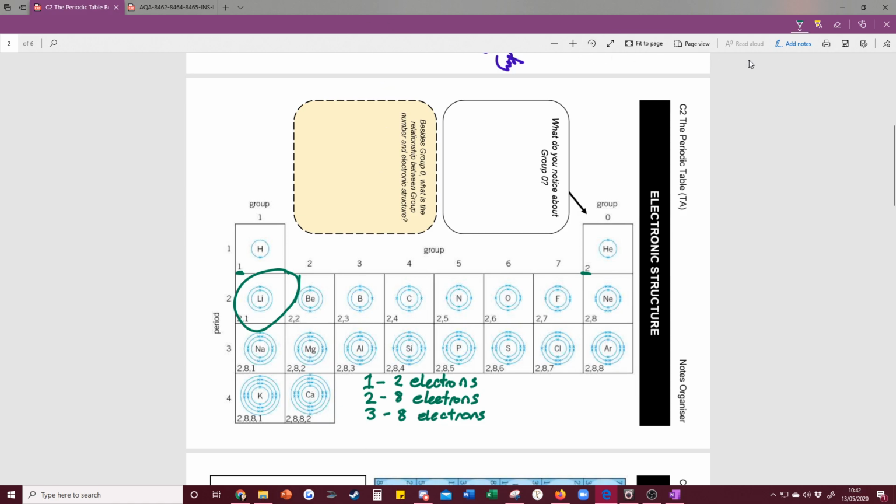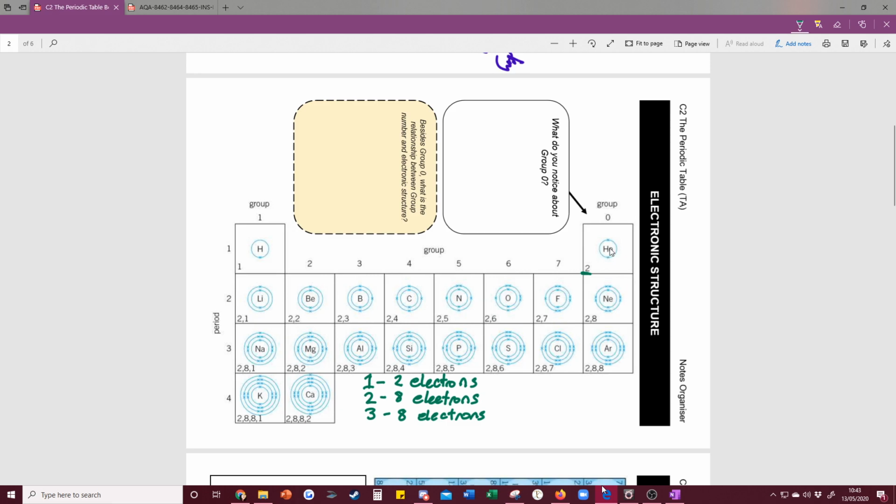Now I want you to notice this pattern. Let me rub this off. I want you to notice a pattern here, because the periodic table is all about patterns. Group 0 is helium, neon, and argon. There are more, but once again, you only need to know the first 20 elements. So helium, neon, and argon.